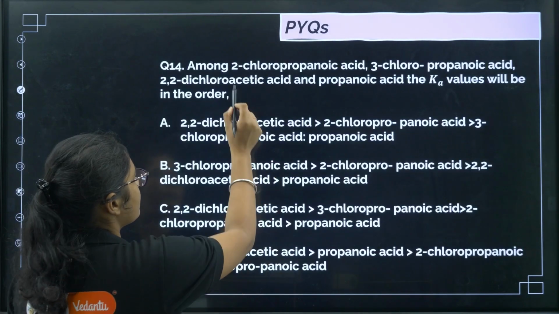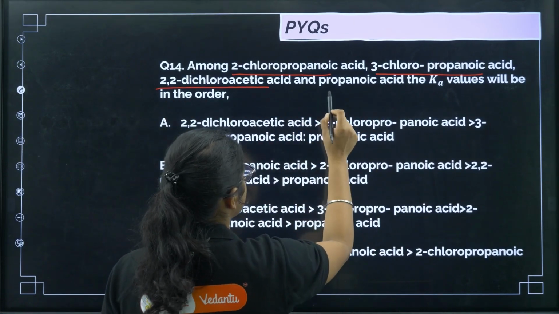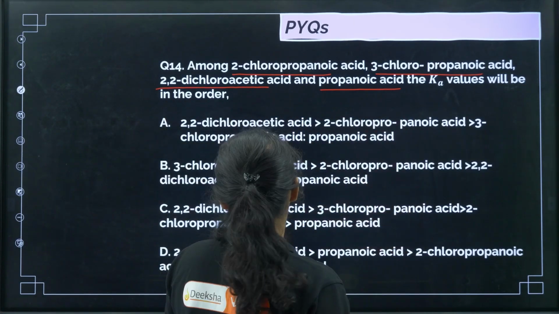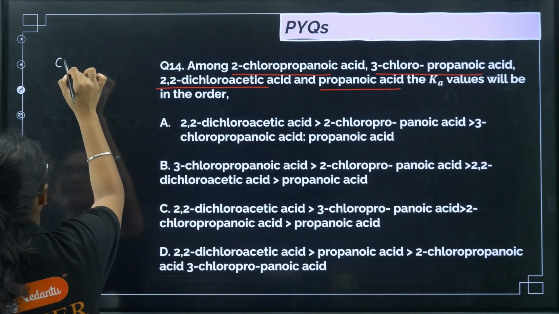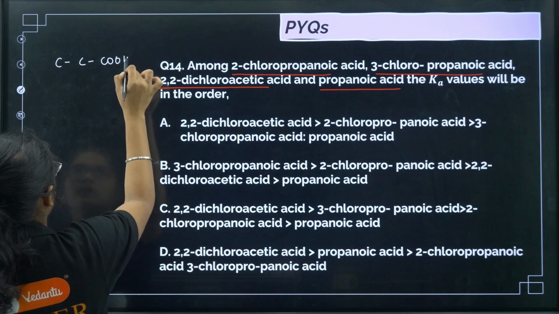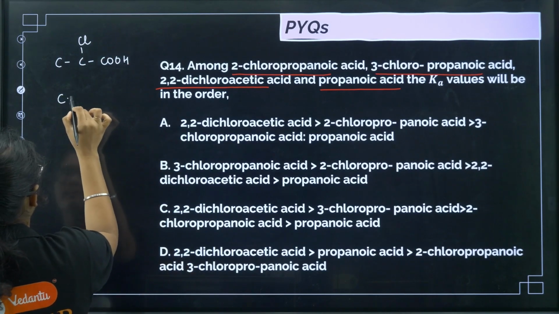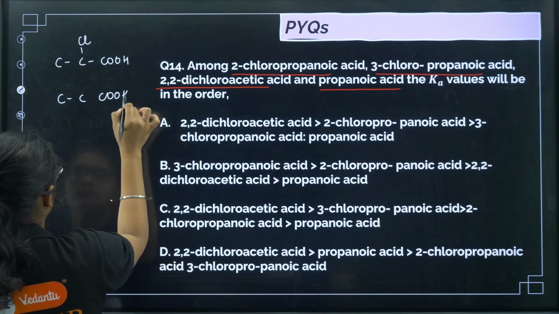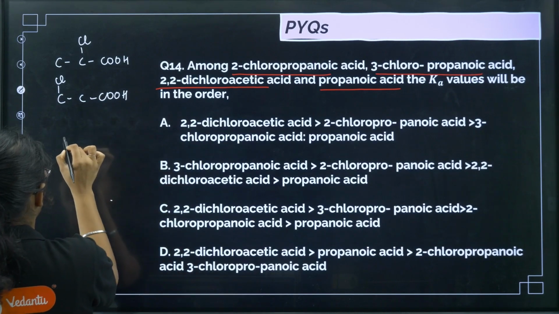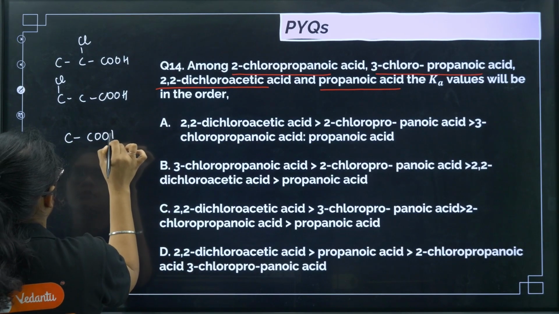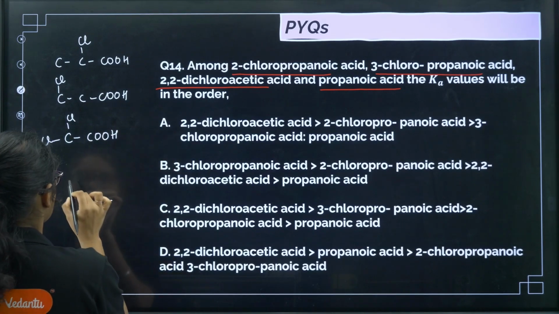Next, among 2-chloropropanoic acid, 3-chloropropanoic acid, 2,2-dichloroacetic acid and propanoic acid, the Ka values will be. First let us note down these structures. We have 2-chloropropanoic acid, 3-chloropropanoic acid, then 2,2-dichloroacetic acid, then propanoic acid.